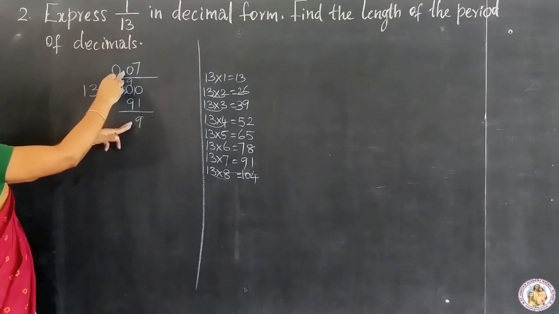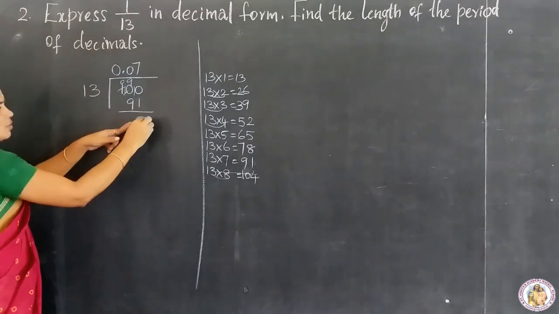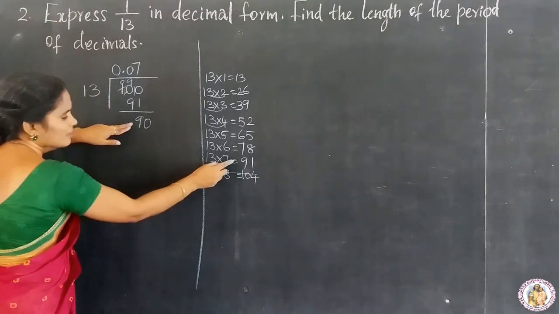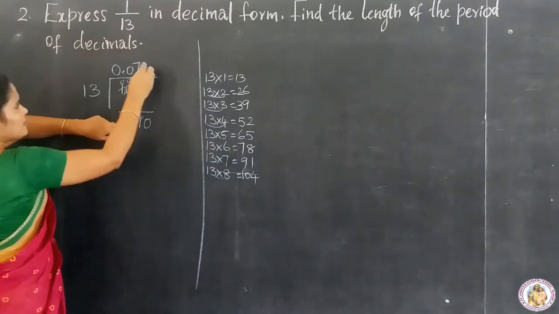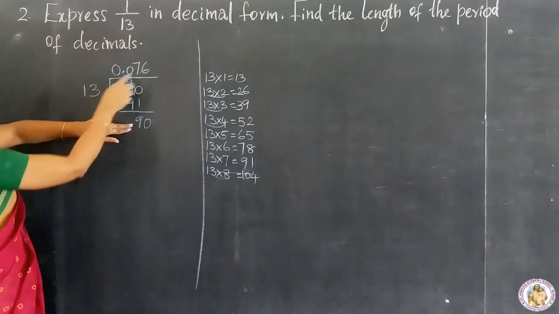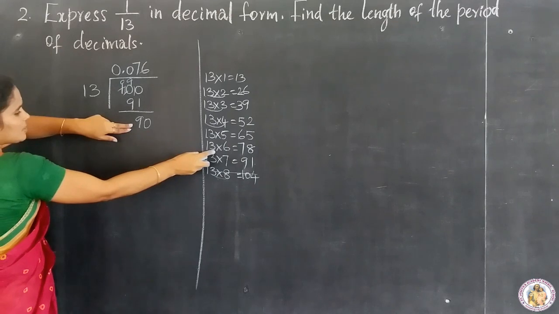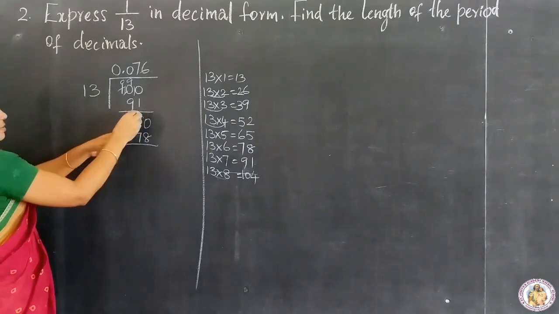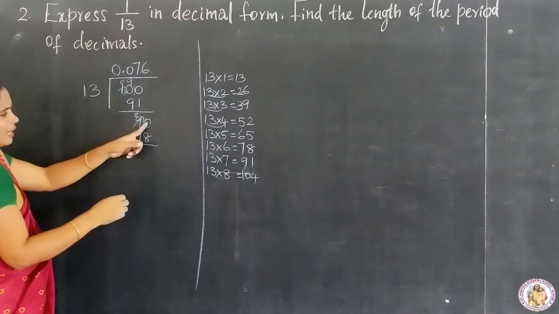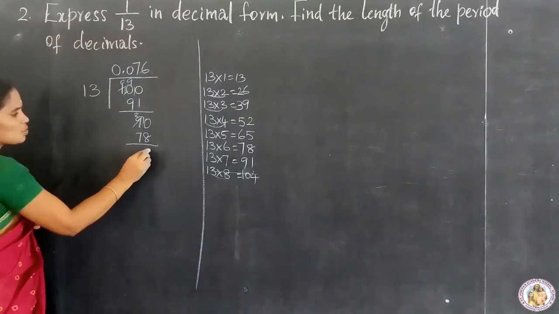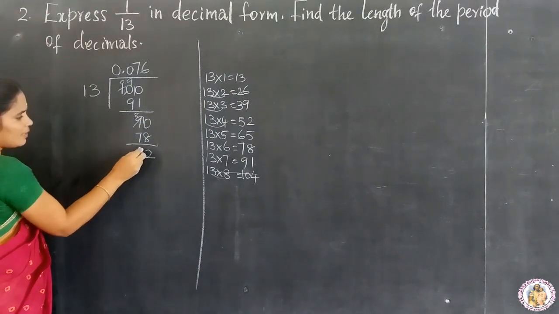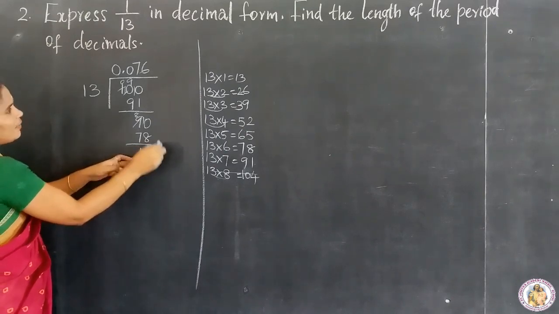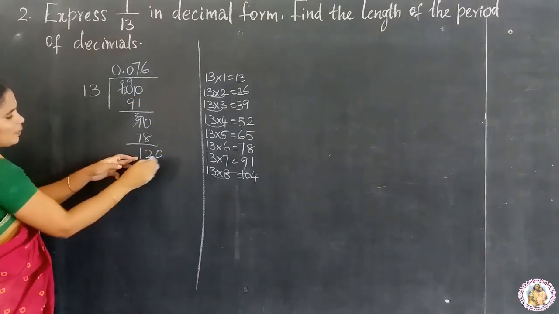So as we have decimal already, add 0. So 90. So we will go with 78. So 13 into 6, 78. 90 minus 78 is 12. So add one more 0, 120.